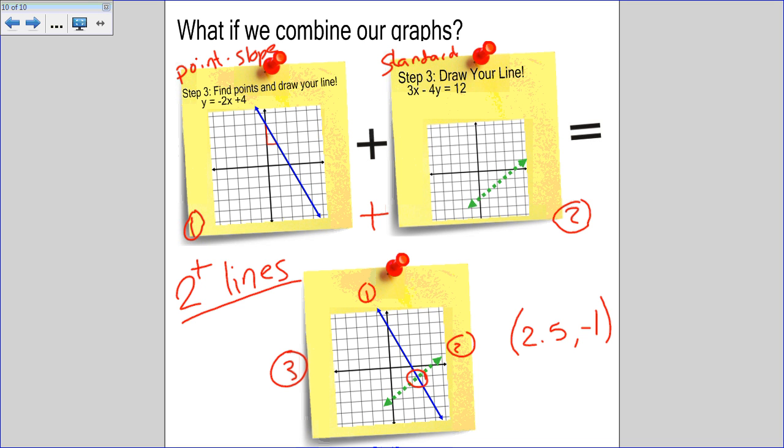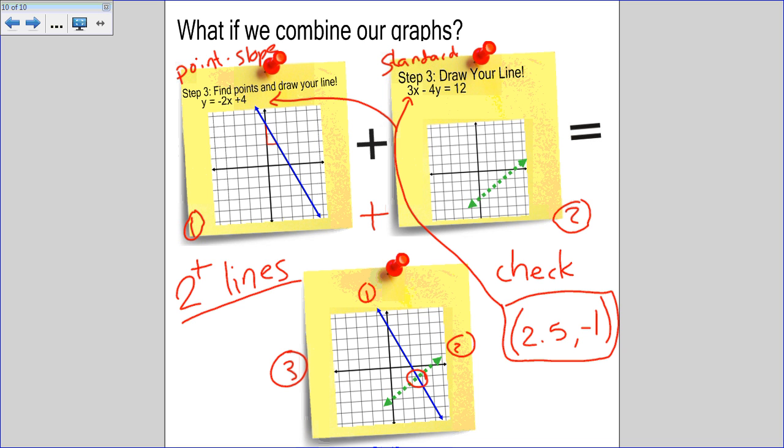Remember, we can always plug this point back into our equations to see if it fits. We learned how to do that. I'm not worried about that right now. I just want us to work on being able to graph our lines and see where they intersect. But you can always check your answer by plugging your point back in. All right, that's graphing systems of equations using standard form.